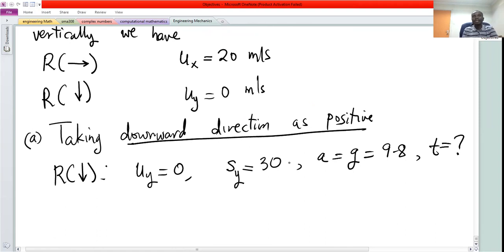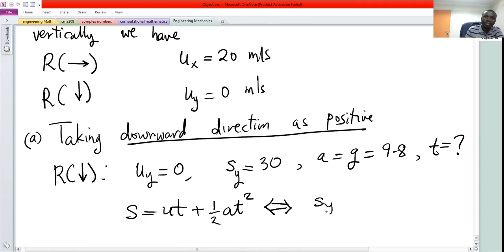Now, a formula connecting acceleration, displacement, and initial velocity is S equals ut plus a half at squared. In our case, we replace this by SY equals UY t plus a half, where there's a, we put g, and then t squared.